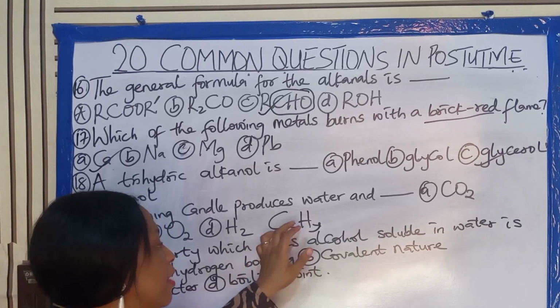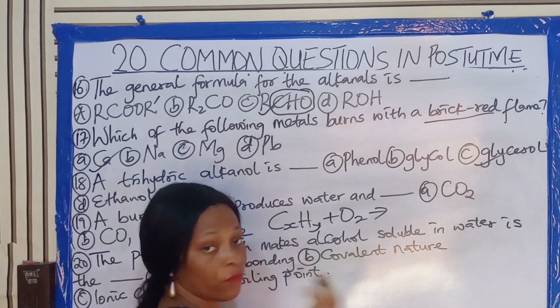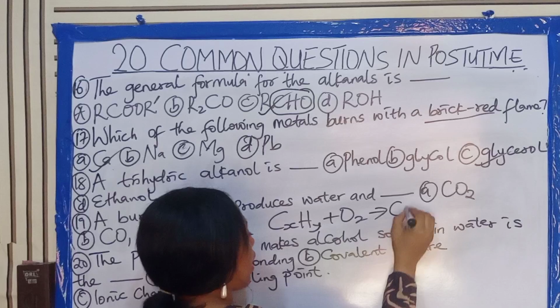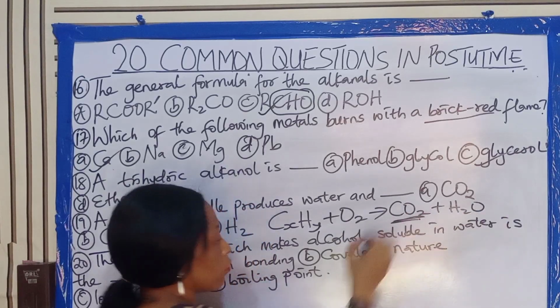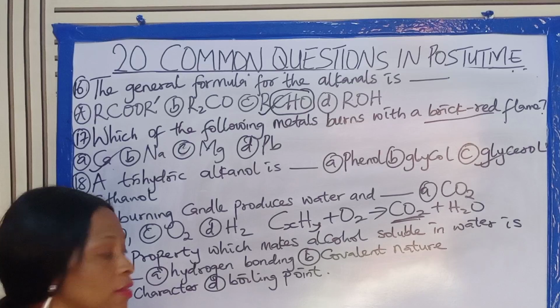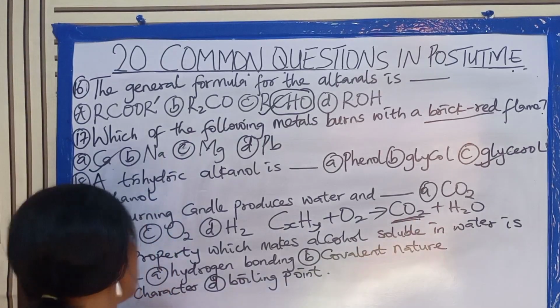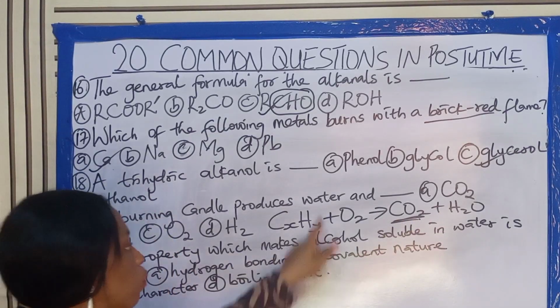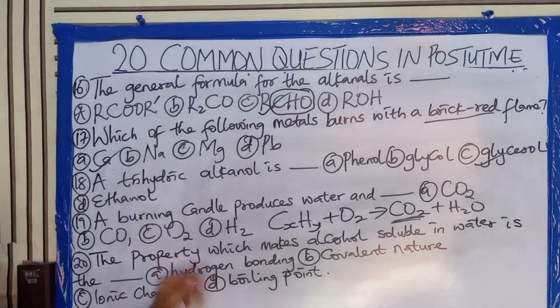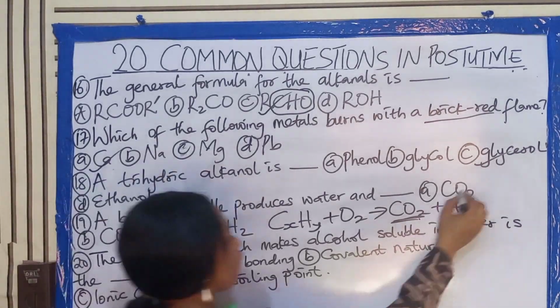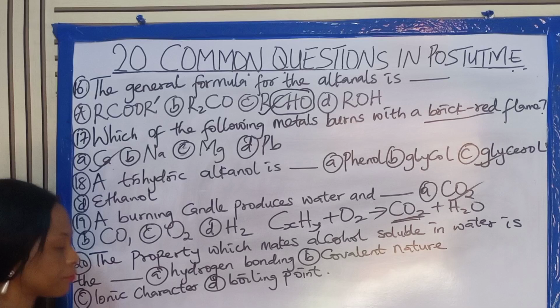Hence, whenever they burn in air, they give two products, which are carbon 4 oxide and water. Please, carbon 4, not carbon 2. So the answer to this question is water and carbon 4 oxide.